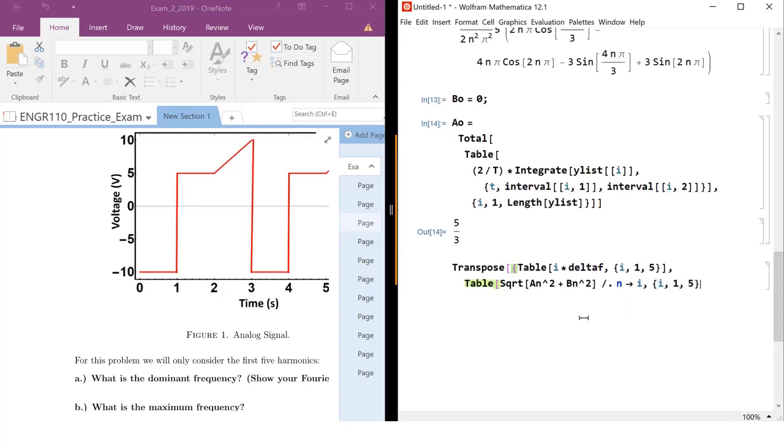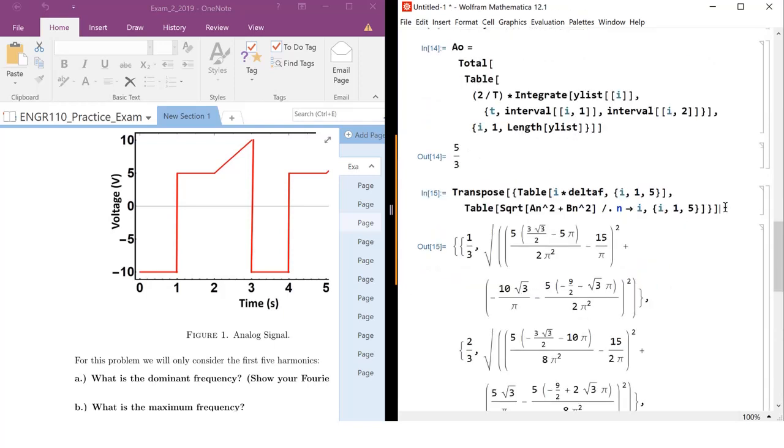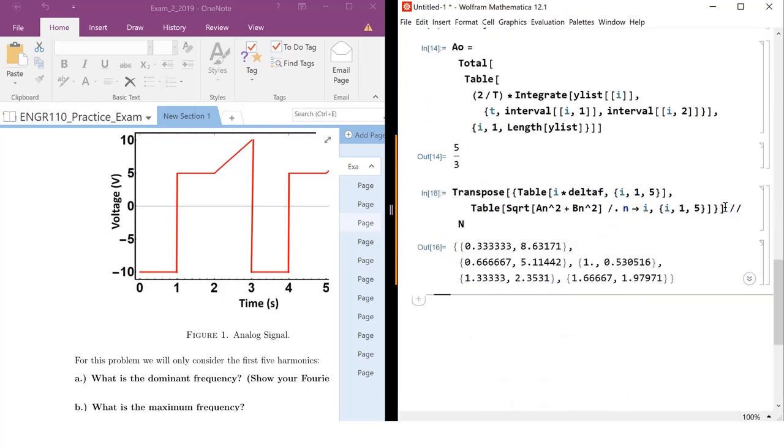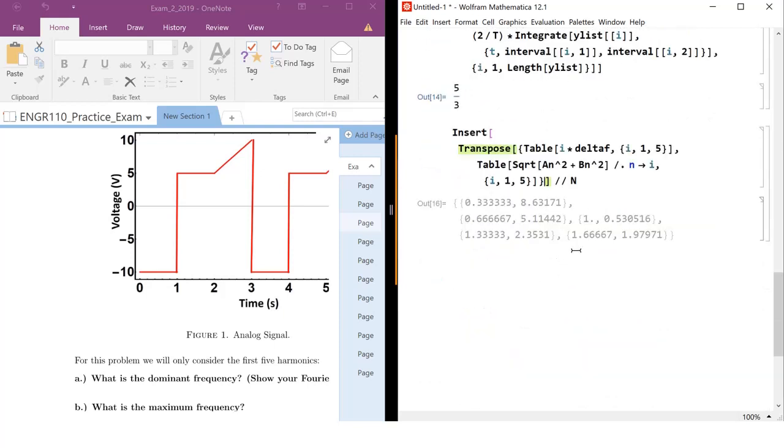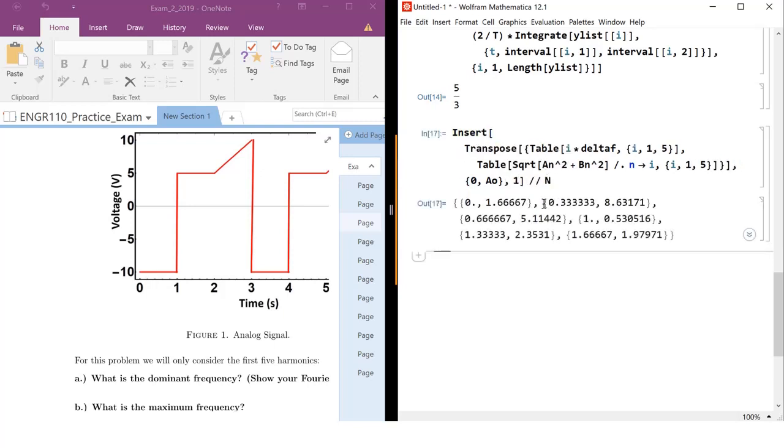That's it. So I'm going to close that parenthesis. I can show this value numerically. There it is. I also want to put in that first A sub 0, your 0 order harmonics, into your expression. So I'm going to do that by putting in 0 and A sub 0 at the first unit. That's it.